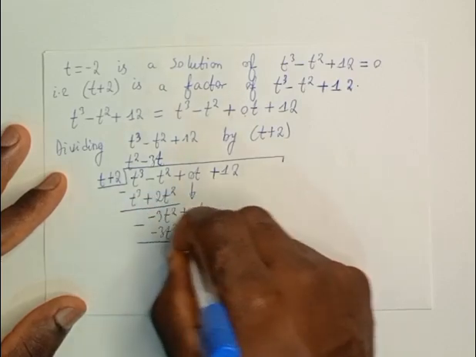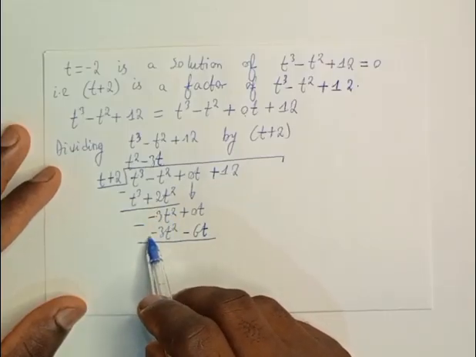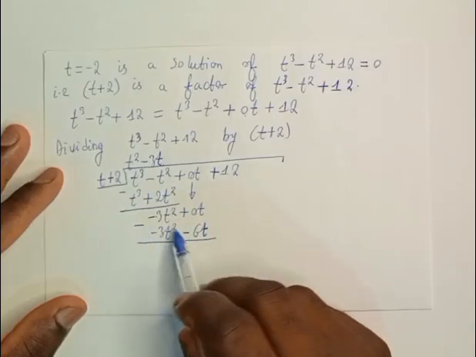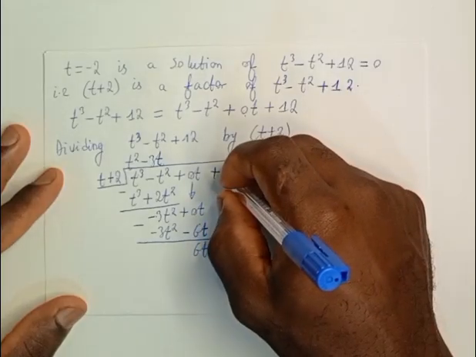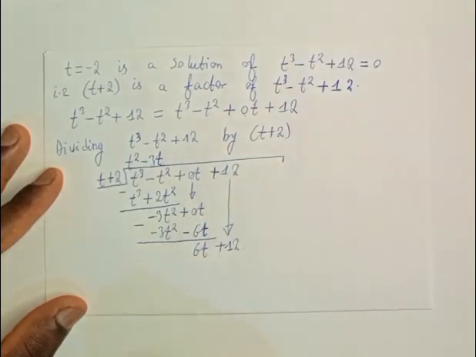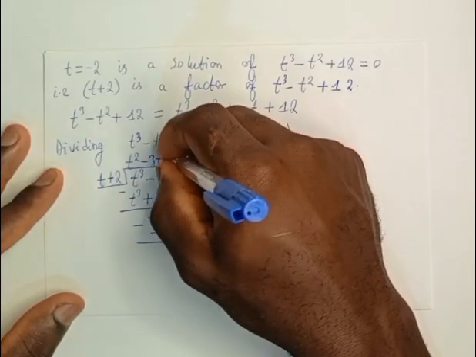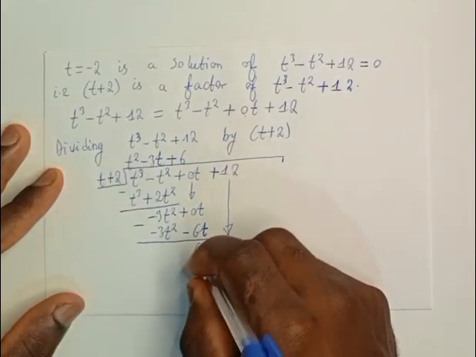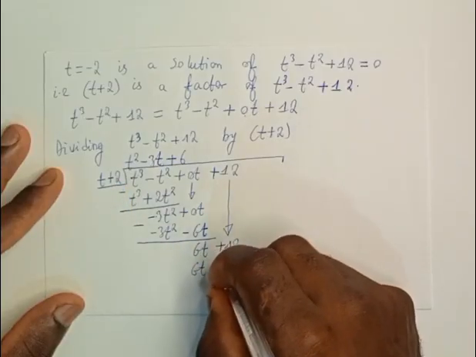We subtract. Negative 3t squared minus negative 3t squared gives 0. 0t minus negative 6t gives us 6t. We bring down plus 12. 6t divided by t gives us plus 6. 6 times t gives us 6t. 6 times 2 gives us plus 12.